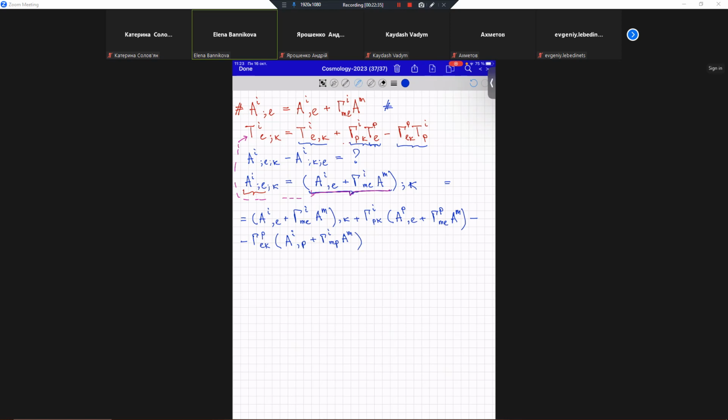Here we need to be very careful with the indexes, because if we make a mistake with the index, of course, we will not obtain what we want.